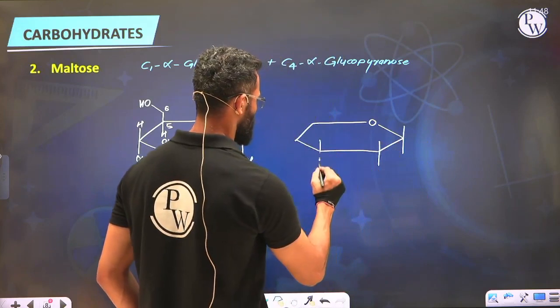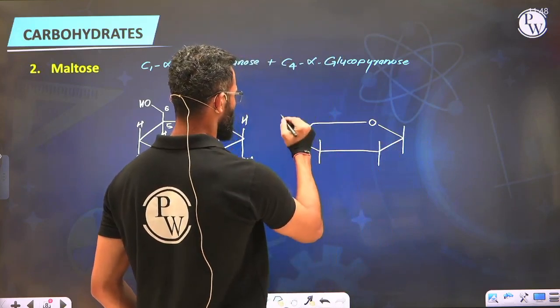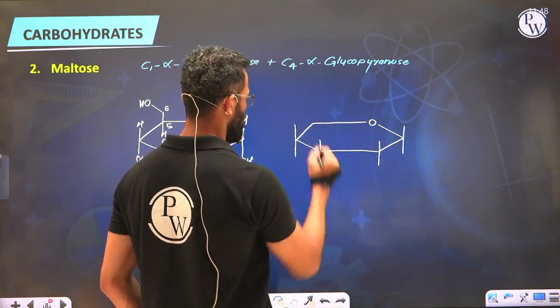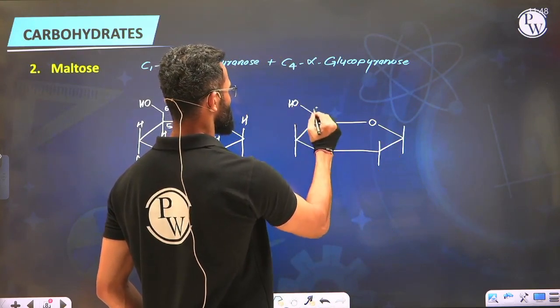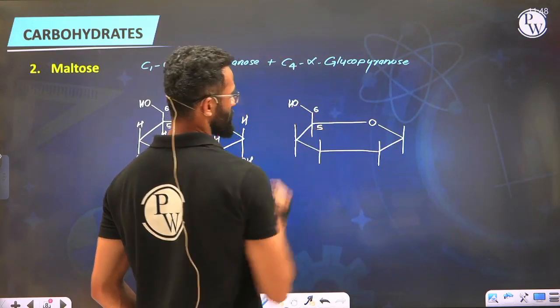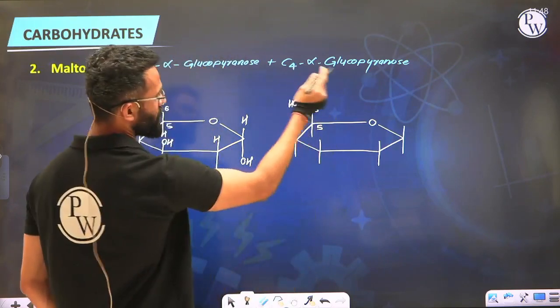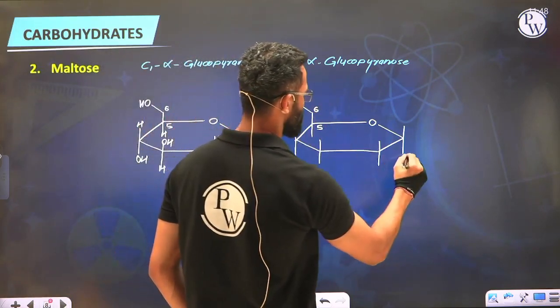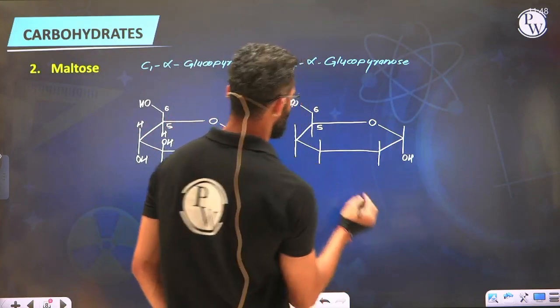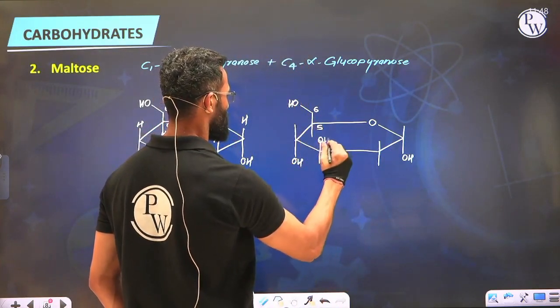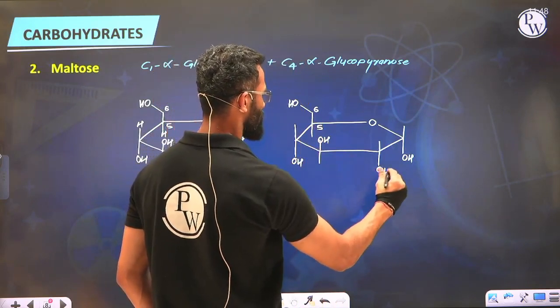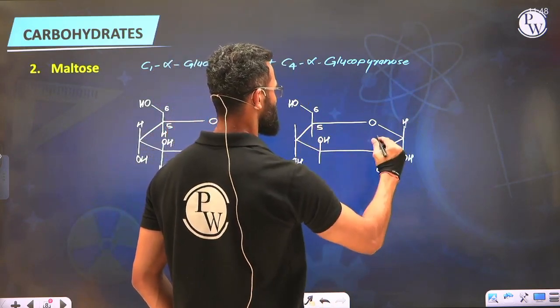Two, 3, 4, 5 and 6. So that is 6, this is fifth. Again, this is alpha, meaning CH2OH and OH should be on the opposite side. Right, right, left and right. Remaining valencies just H's.